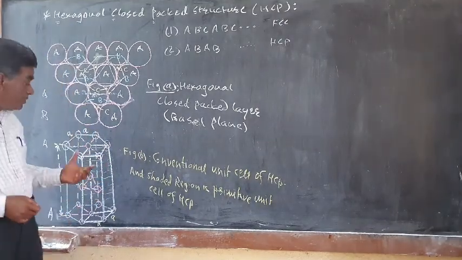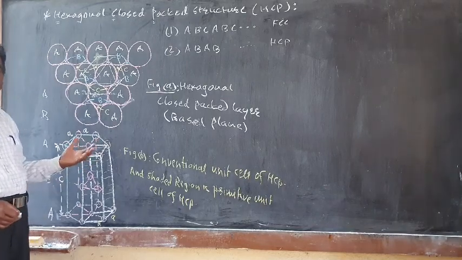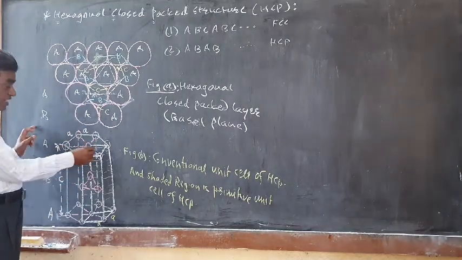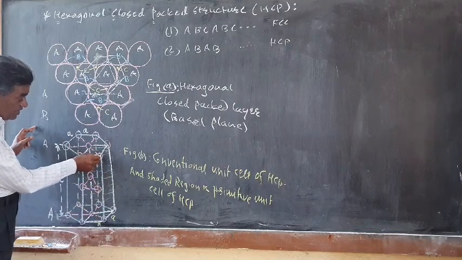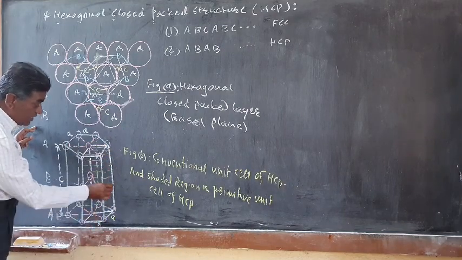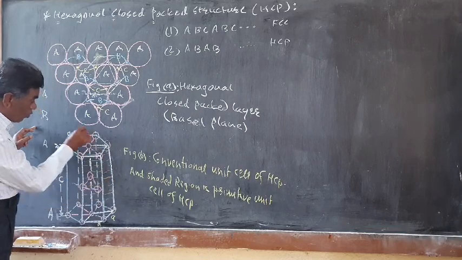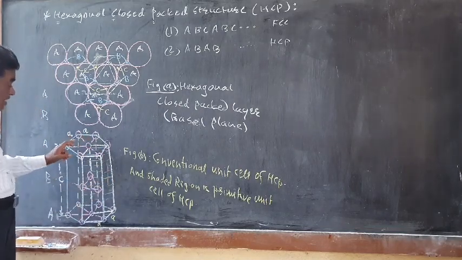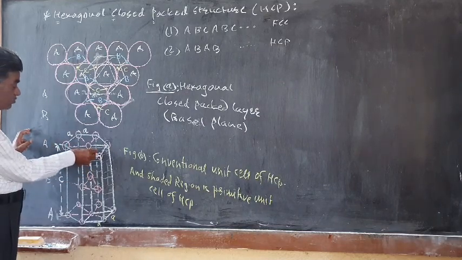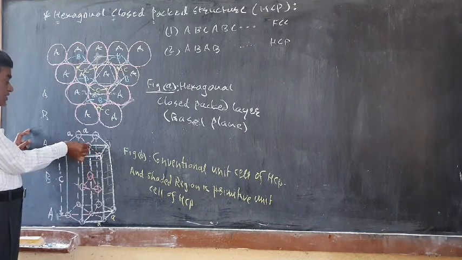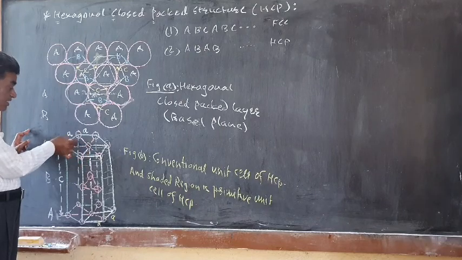Again, it is seen that the conventional unit cell is divided into three primitive unit cells. So one is shaded by this region, and it is called the primitive unit cell, and the whole unit cell is known as the conventional unit cell. In the conventional unit cell, this is one, this is the second, and the remaining is the third.